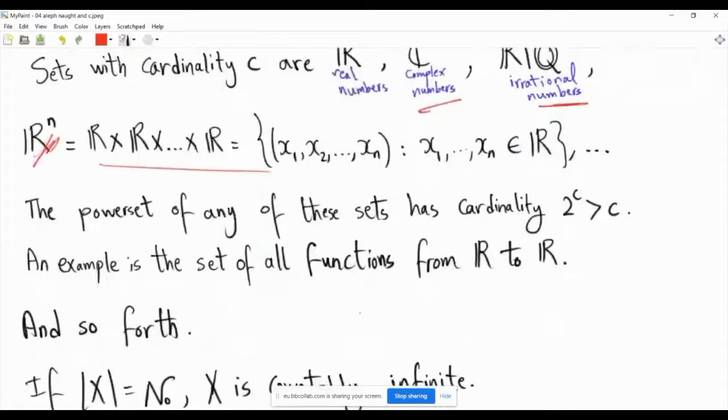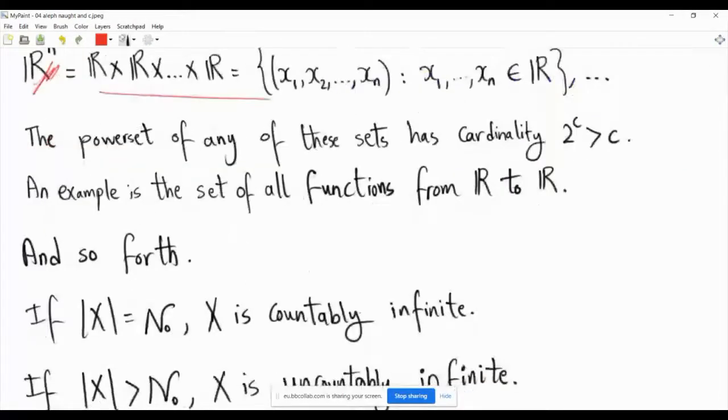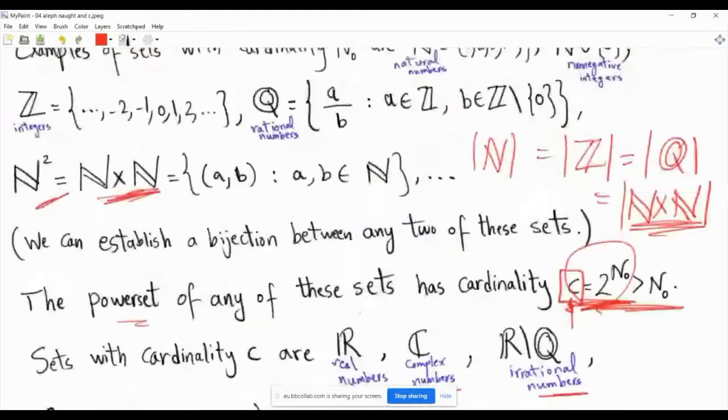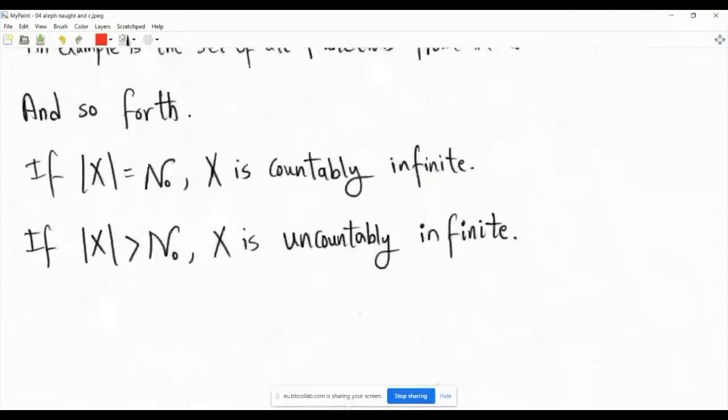Okay, so if a set has cardinality Aleph Naught, we say that it is countably infinite. And if a set has a cardinality that is strictly larger than Aleph Naught, for example c, then we say that the set is uncountably infinite.